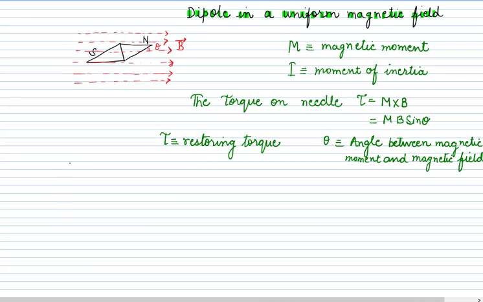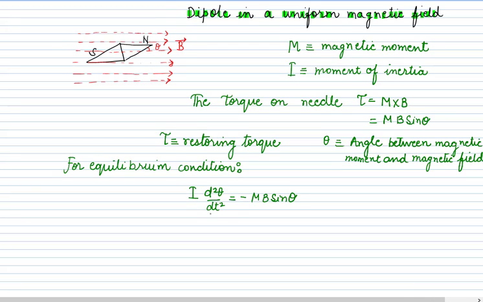Now if this compass is in equilibrium position, there is a torque which is trying to align this along the direction of the magnetic field. And also there is a moment of inertia which is causing it to deflect. So whenever there is an equilibrium position, this deflecting torque will be equal to the restoring torque. So this we have written as a deflecting torque because this is the moment of inertia and this is the angle theta through which it is deflected.